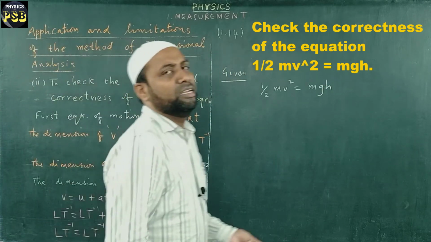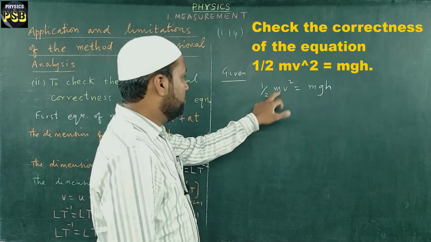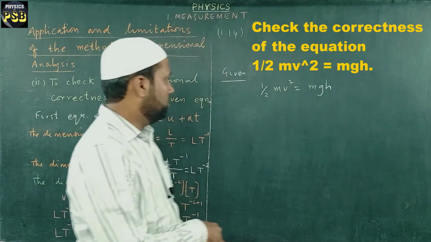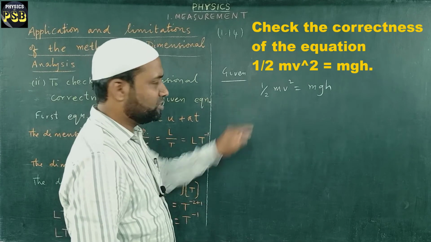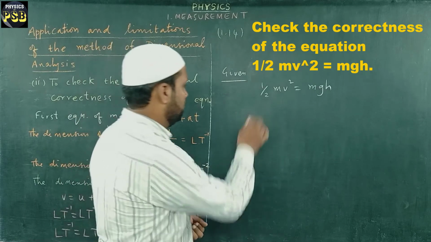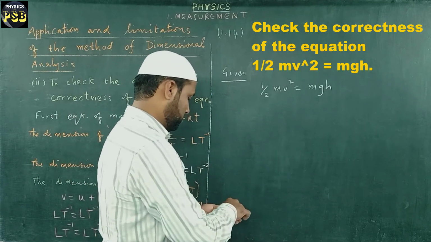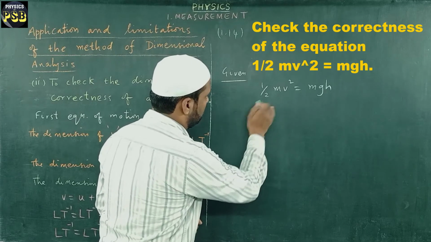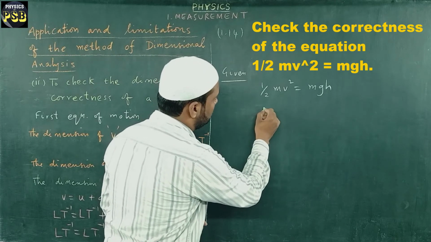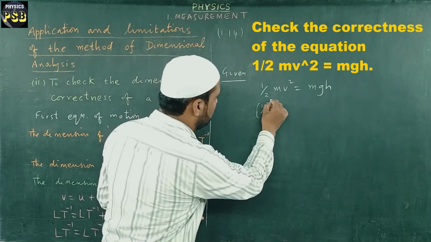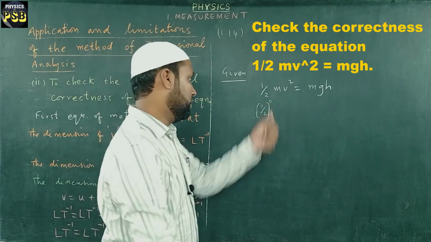For that, I need to mention the dimension of each term present here. Half is a numerical constant, it does not have any dimension. Half, no dimension, means raised to power 0.